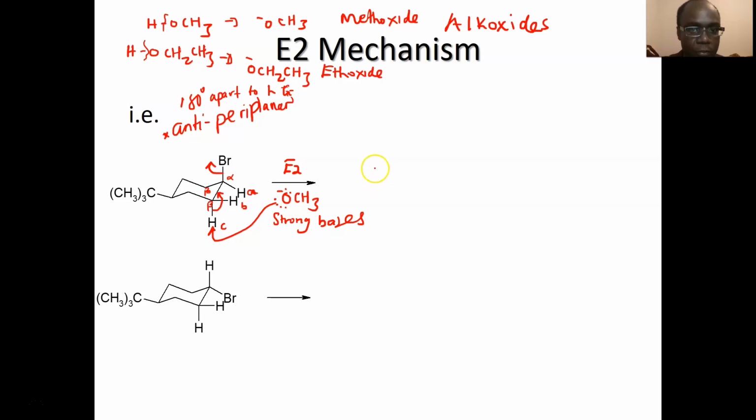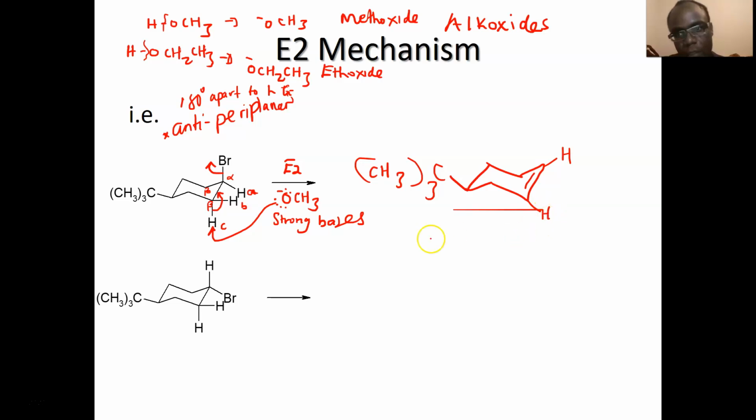Okay, so you'll draw the product as this. So your chair is still there, but you made a double bond. The leaving group left. This hydrogen is still there. I can draw it here, and this hydrogen B is still there. I can draw it somewhere here at an angle.